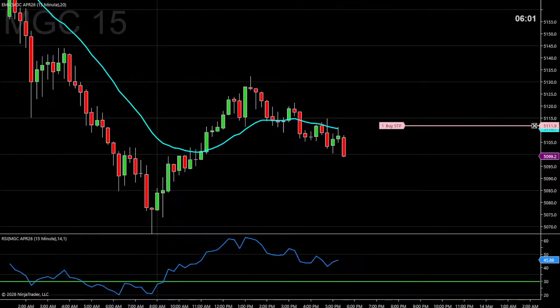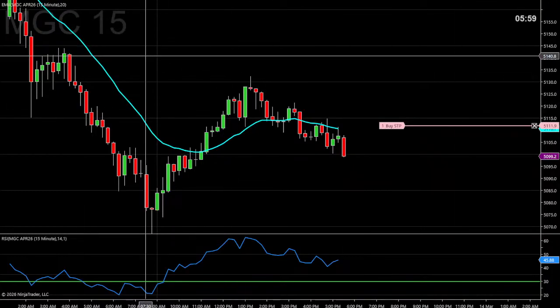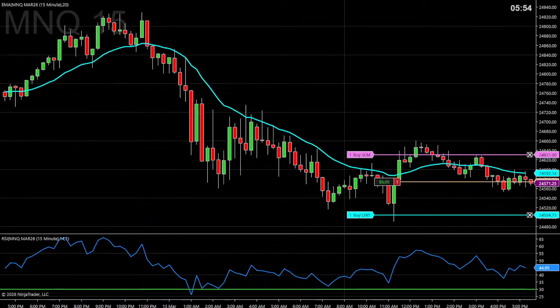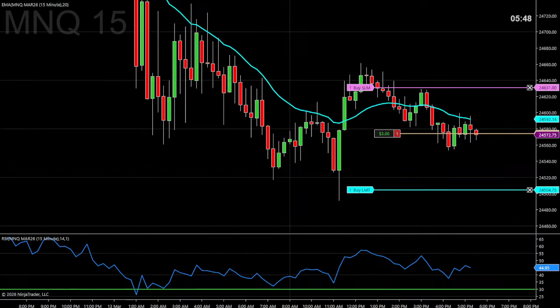And look at MNQ, still hovering about the same place, only $5 profit. And let's look at the major chart. Oh, we're already looking at the major chart.